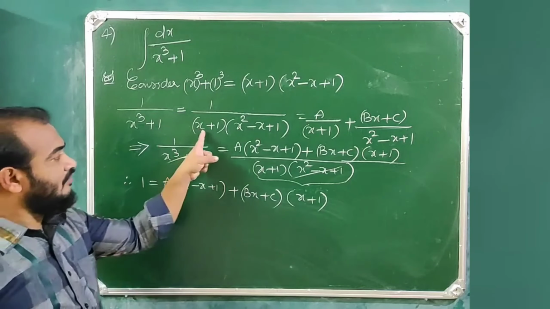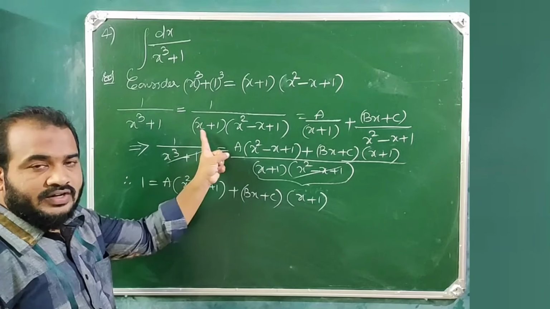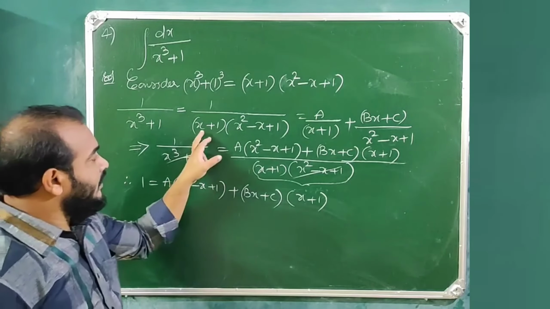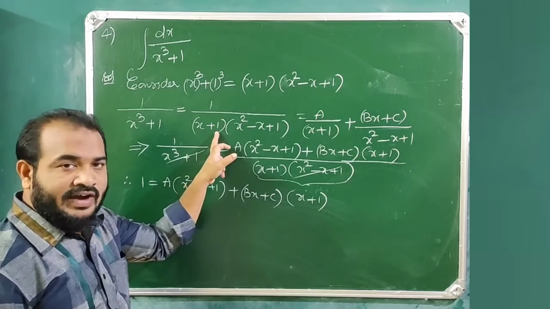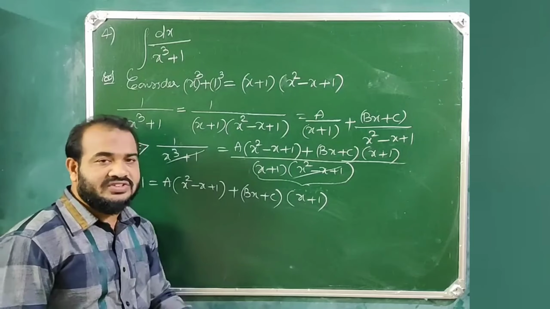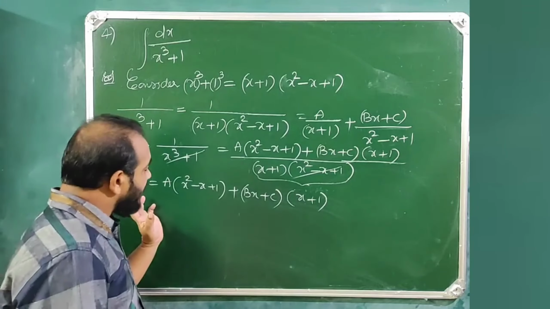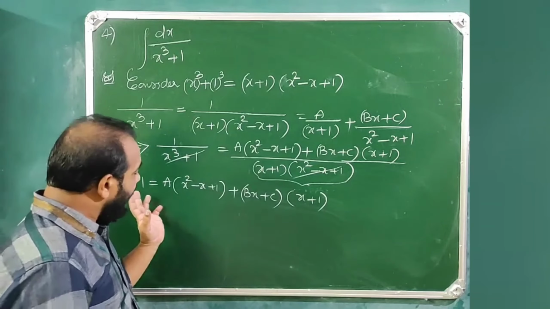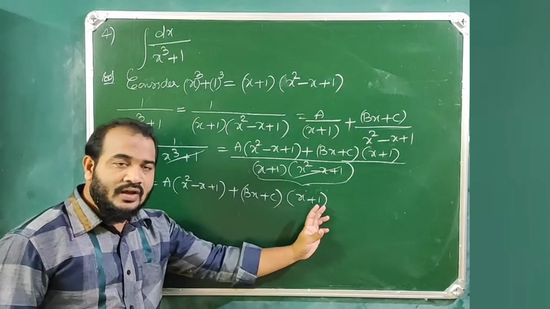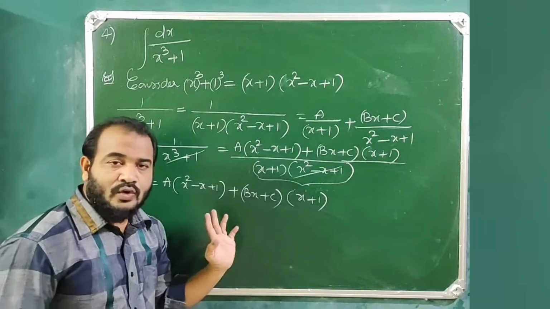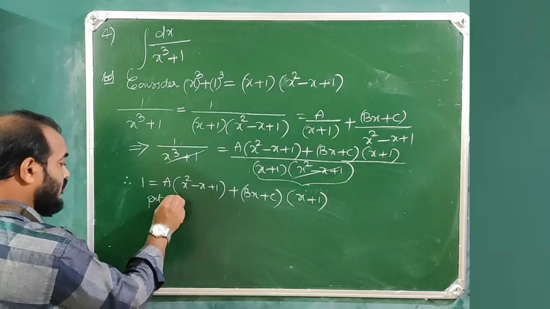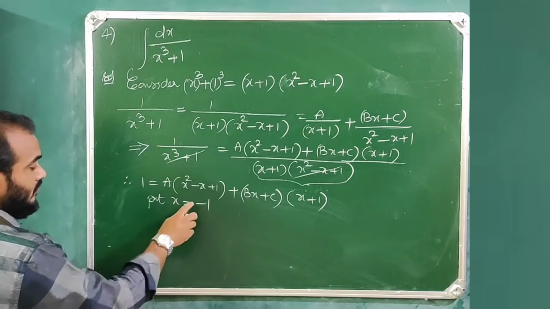Here we have the linear factor x plus 1. Equated to 0, x equals minus 1. x plus 1 is a factor, while x equals minus 1 is the root. After substituting the root into the given equation, the equation gets satisfied. So put x equals minus 1.